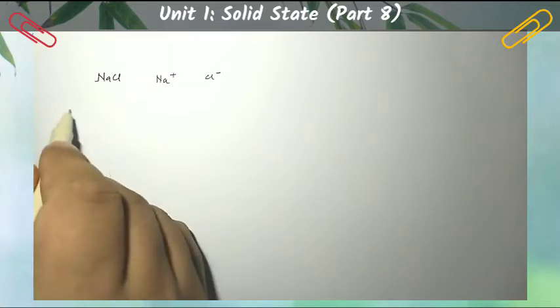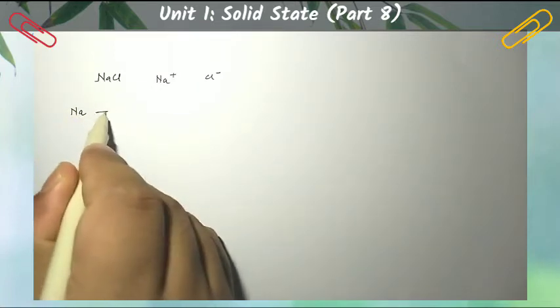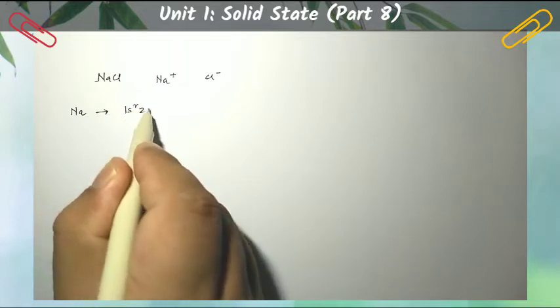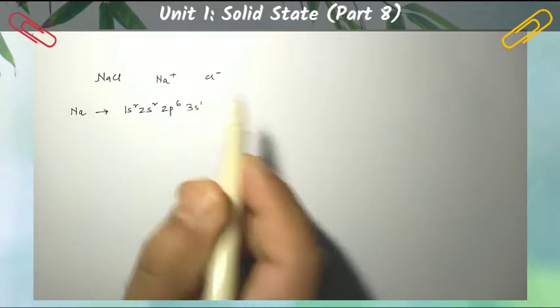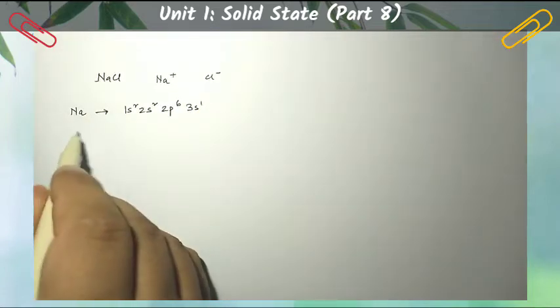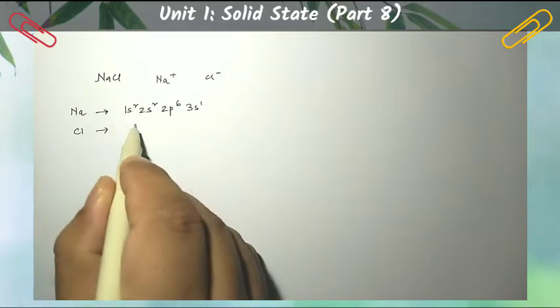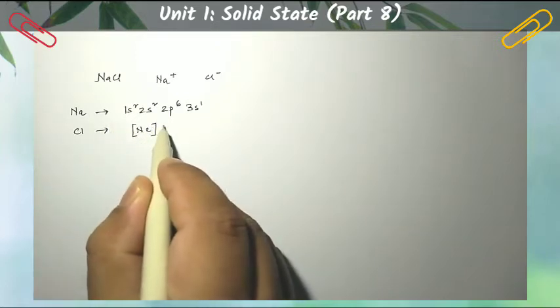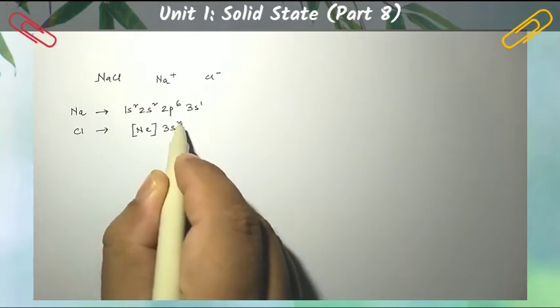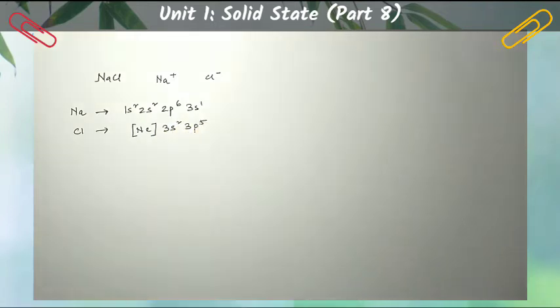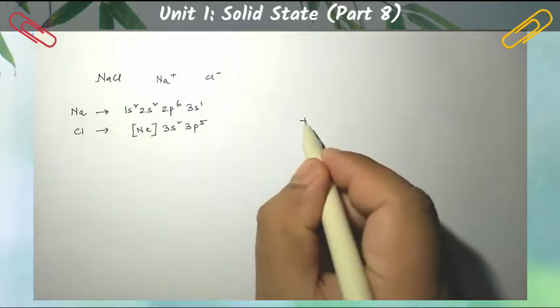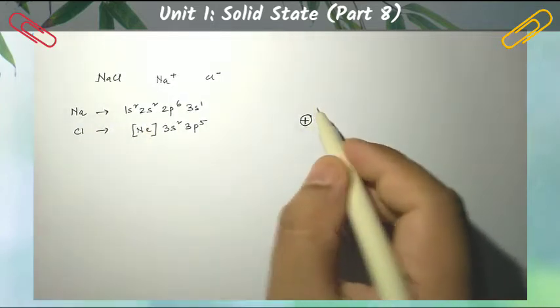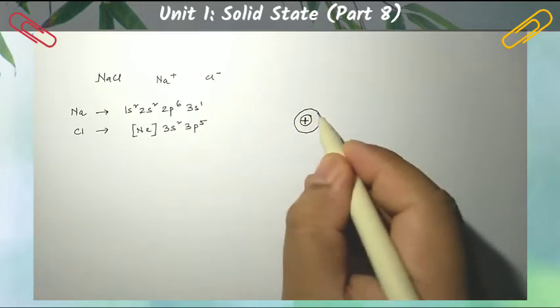The electronic configuration of sodium is 1s2, 2s2, 2p6 and 3s1. The electronic configuration of chlorine is neon 3s2 3p5. We can represent this as the nucleus with shells: in the first shell 2 electrons, in the second shell 2 electrons, in the third shell 6 electrons, and in the fourth shell 1 electron.